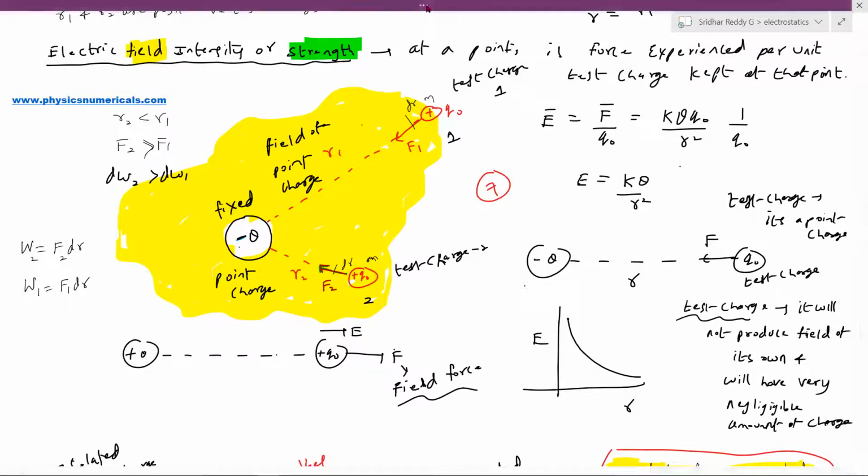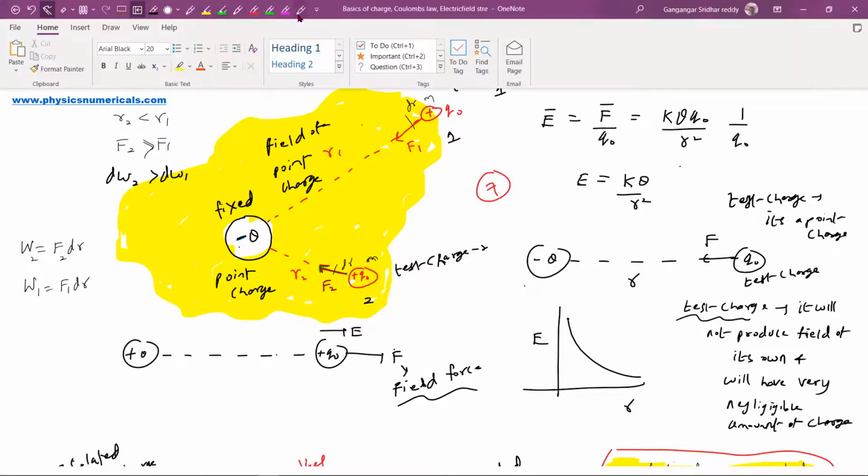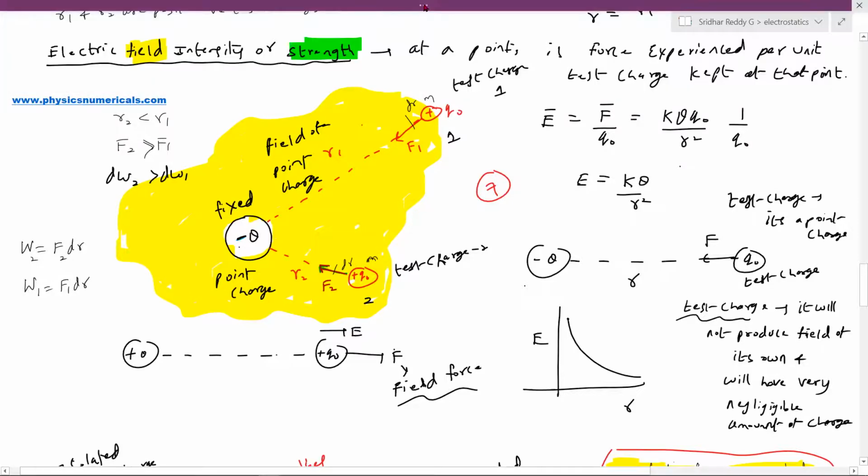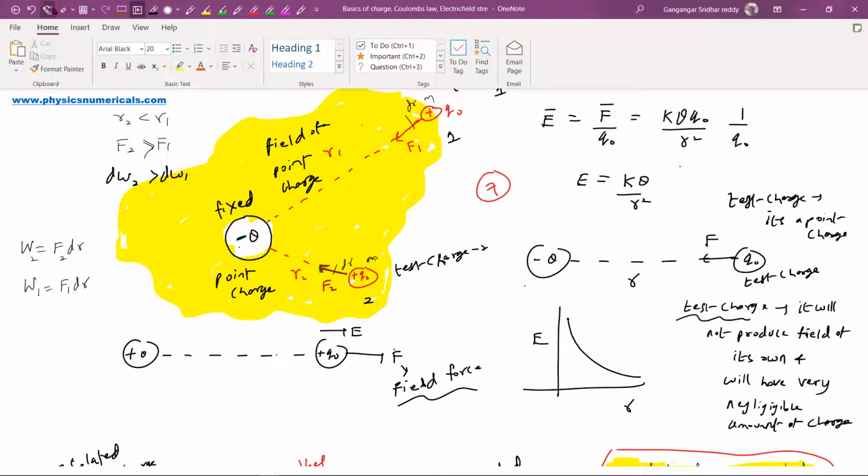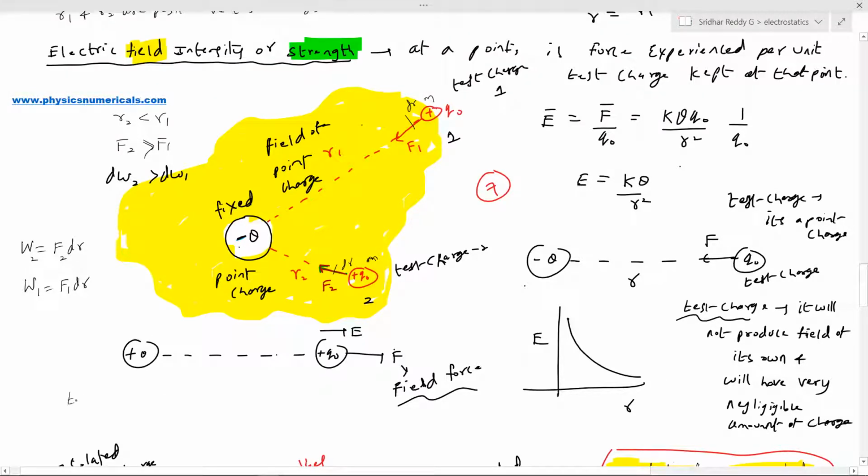There's one very important assumption that was made. The test charge should always be a positive point charge. This is a negative point charge. So let me write what we mean by test charge.